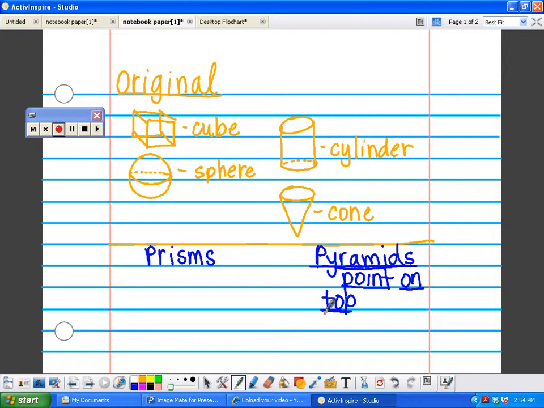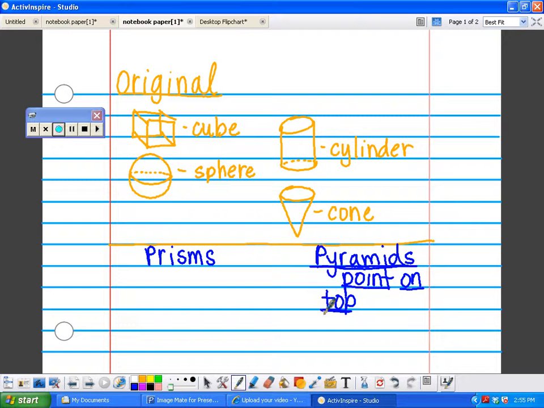Now, to name this pyramid, because this pyramid and the one we drew earlier look a little different, don't they? To name them, where do I look, Casey? On the bottom, the base. The bottom of something is called its base.